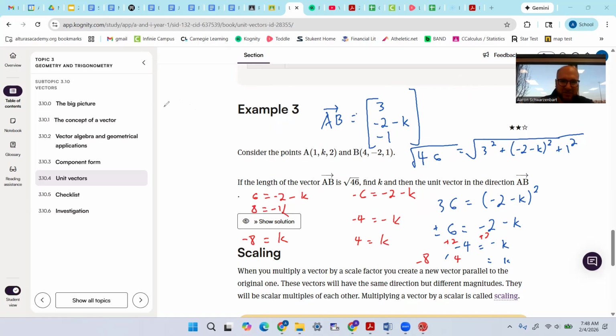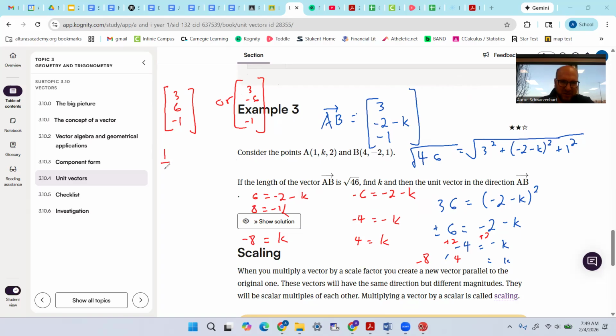So my vector AB is going to either be 3, well, this -2 minus k, I guess, is 6 or -6. I guess I didn't really have to solve for k.